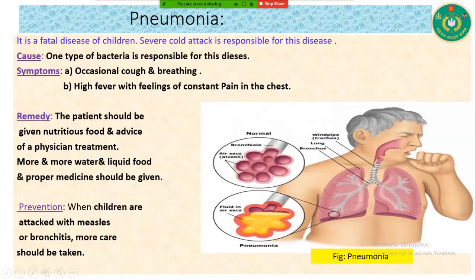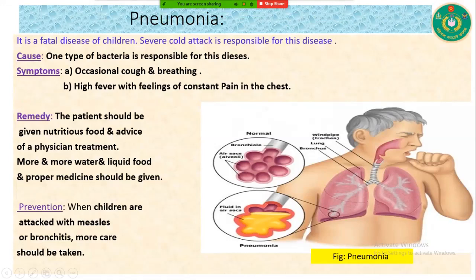The pneumonia symptoms are occasional cough and breathing trouble, high fever with feelings of contract, pain in the chest. Remedy.